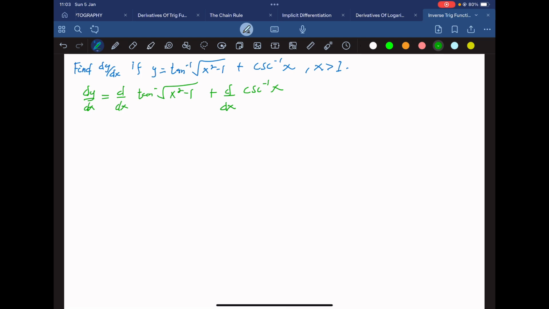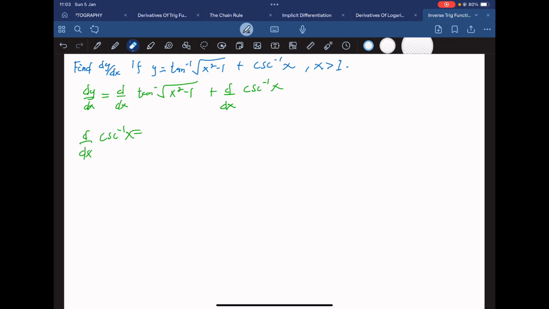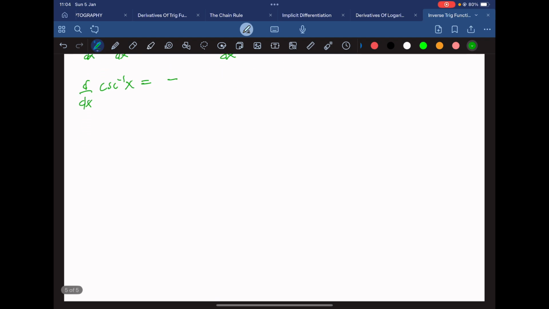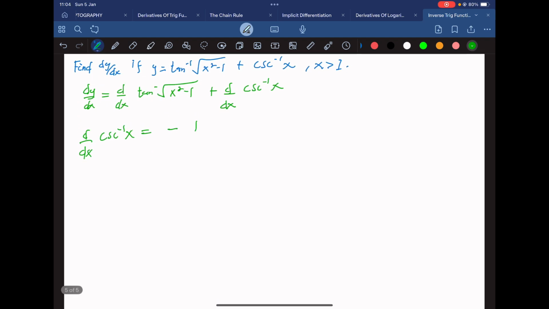And note, we know that the dx, if we differentiate this, we have negative 1 out of the absolute of x squared minus 1.